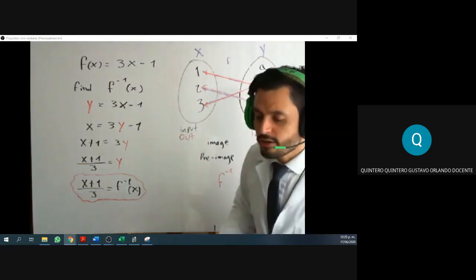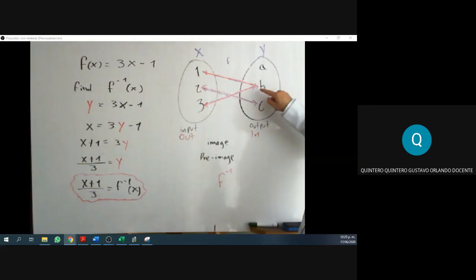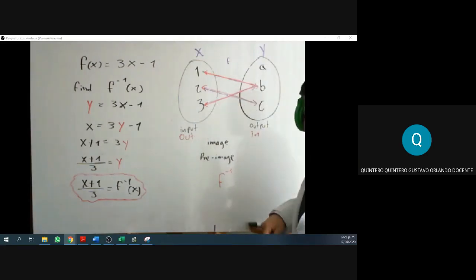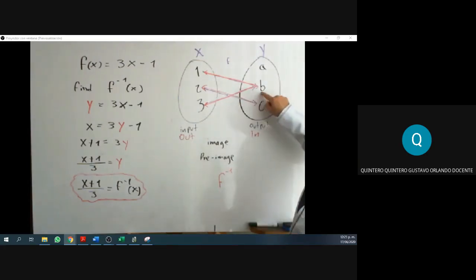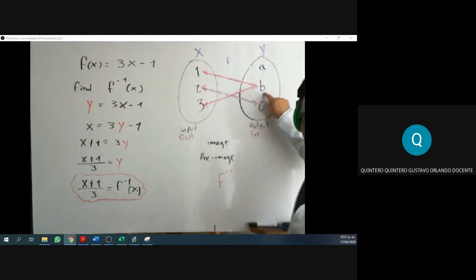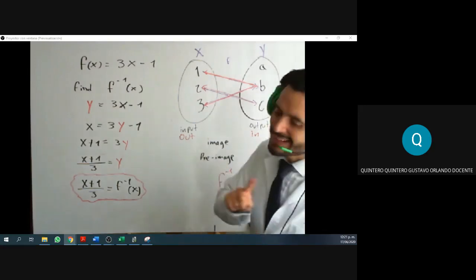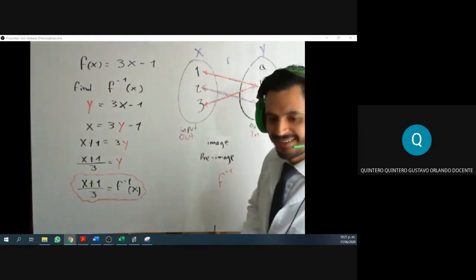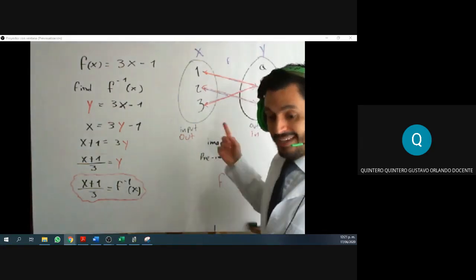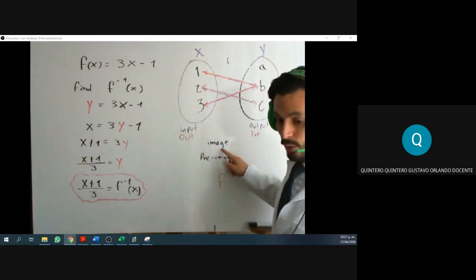To see if this is a function or not, we look at how many outputs each element is related to. B is being related to 2 outputs. In other words, B has 2 images. That cannot happen in a function, right? An element in the input cannot have 2 images.